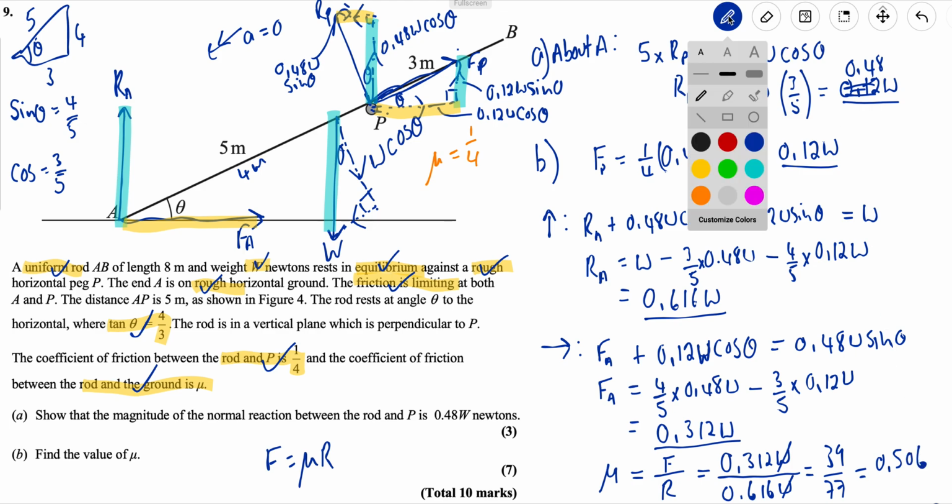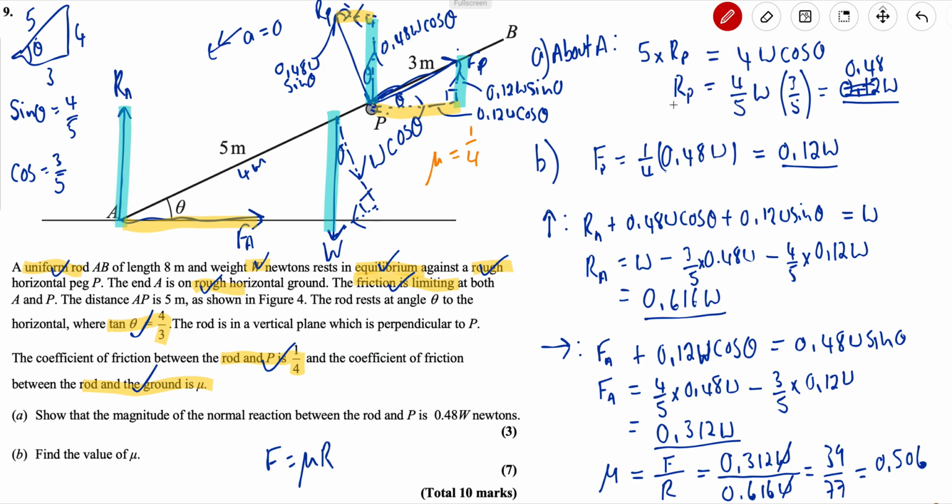Marks wise, there's a method mark for clearly resolving about A. All terms included. All of the dimensions must be included, so that means you must have the distance and the force even if there's a mistake.